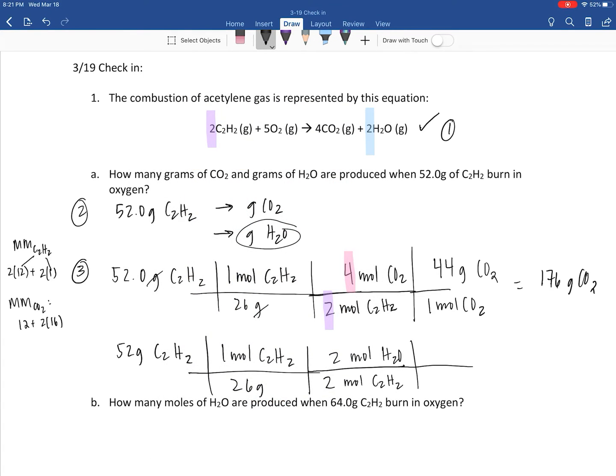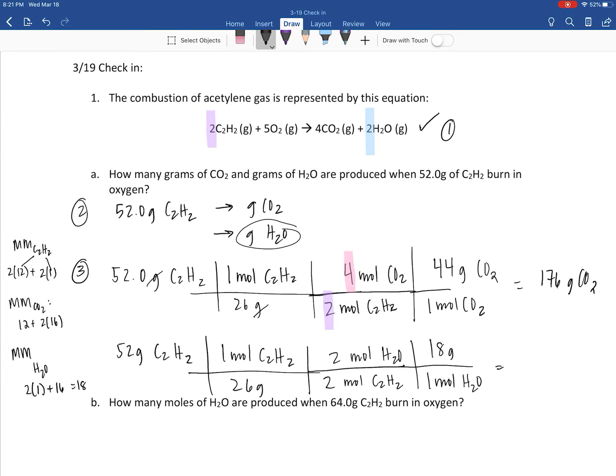Okay, and now I need to go to grams of H2O. So 1 mole of H2O has the molar mass of 18 grams, right? Because my molar mass of H2O is 2 times 1 plus 16, which is 18. Okay, so what I do here is I plug and chug.